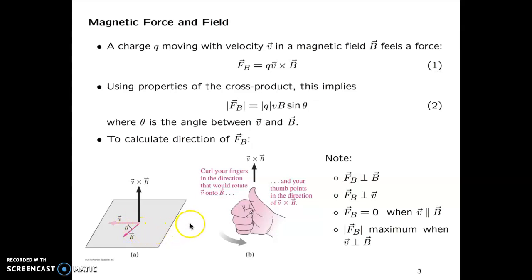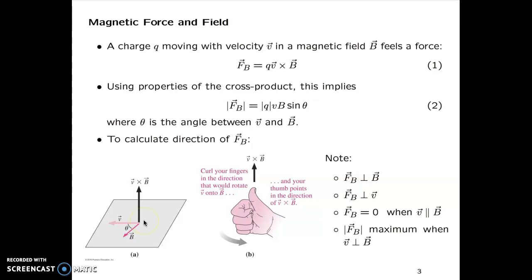And here's how it works for a cross product, indicated in this picture right here with the thumbs up. Here's how you determine the direction of the cross product of two vectors. You take the fingers of your right hand, so this is a right hand rule. You point them in the direction of the first vector, that's V, the first vector in the cross product, and you curl them in the direction of the second vector, B, and your thumb of your right hand points in the direction of the cross product.